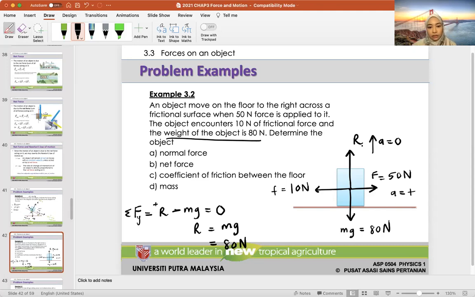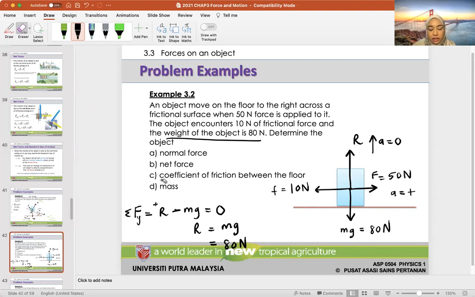Okay, so now we can't say the same thing about the x-axis, right? Because it's moving to the right. There has to be some acceleration, I'm assuming. Okay, so untuk net force in the x-axis, oh sorry, kita kena cakap pasal friction dulu.